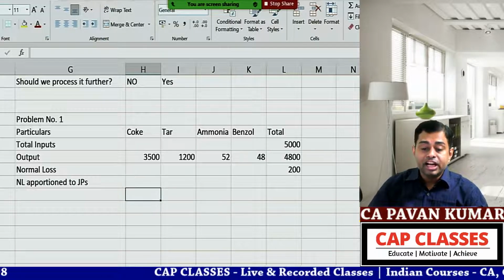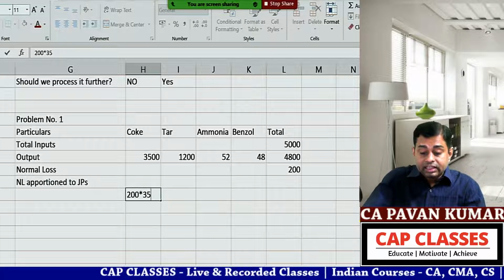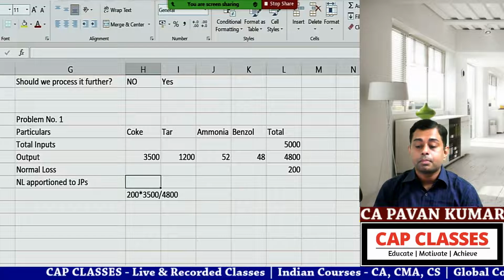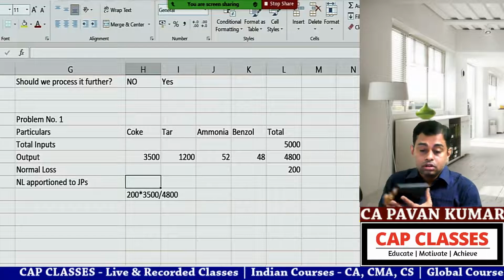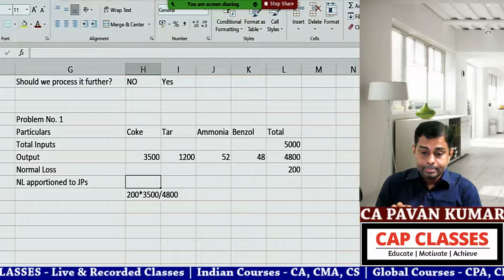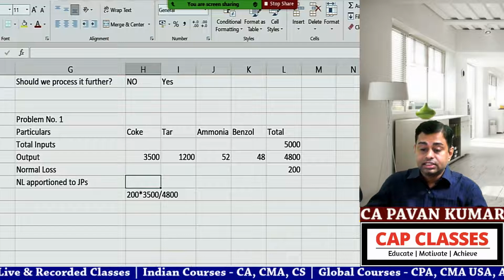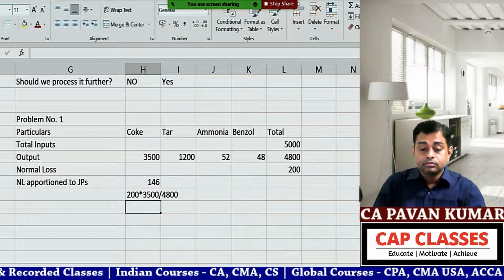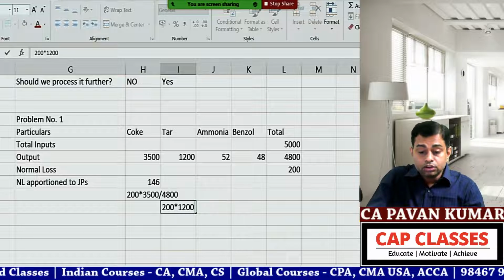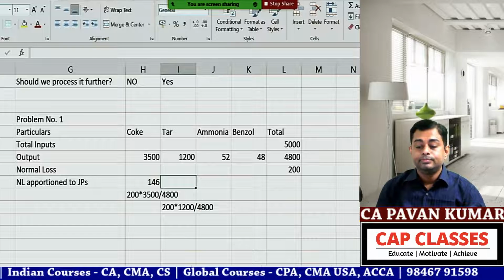Now you tell me the ratio. So 200 into 3,500 divided by 4,800. Calculate. That comes to 146. Very good. Here, 200 into 1,200 divided by 4,800.